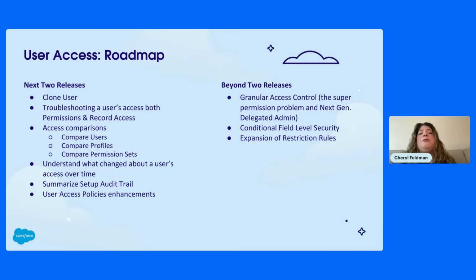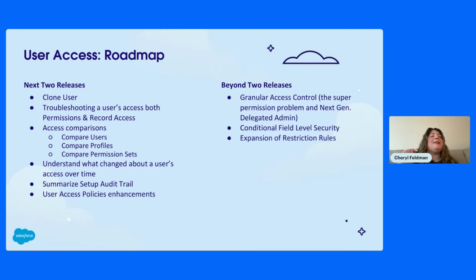And then just generally, a larger roadmap for user access. Things you'll see coming in the next 2 releases: one, clone user; another big idea, exchange request; troubleshooting a user's access, both permissions and record access.